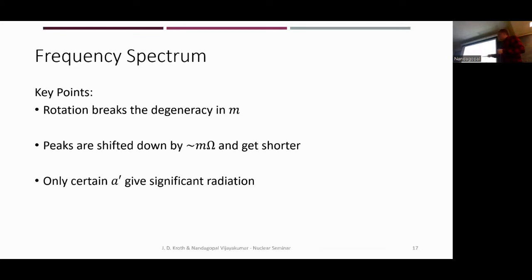That last point is important because in that summation over n prime and a prime for our total radiation, n prime has to go up to roughly n. A typical value for the initial quantum number n is a few thousand. But we also need to sum over a prime. In the case of no rotation, that goes up to infinity, and we can do it analytically because there's no dependence of the emitted photon frequency on that quantum number. But here with rotation, there is.